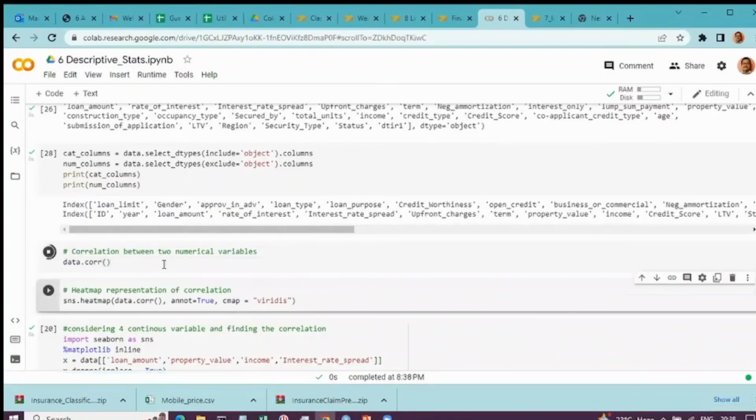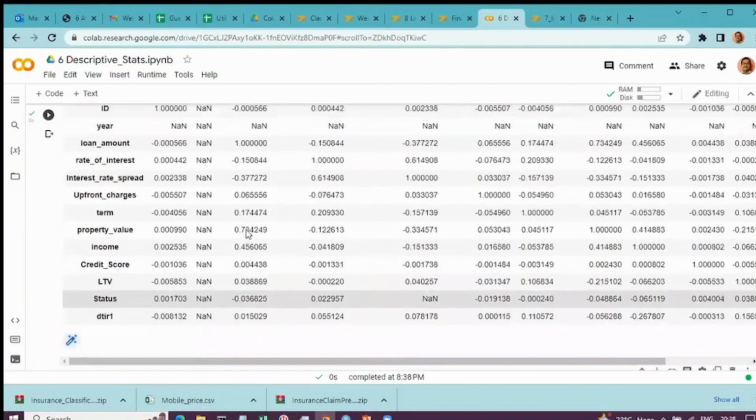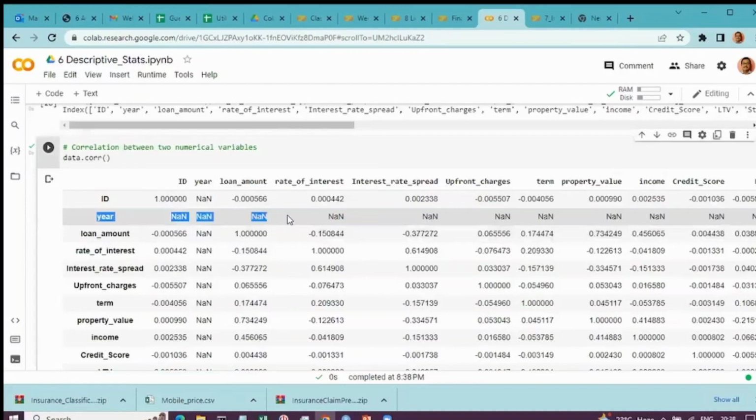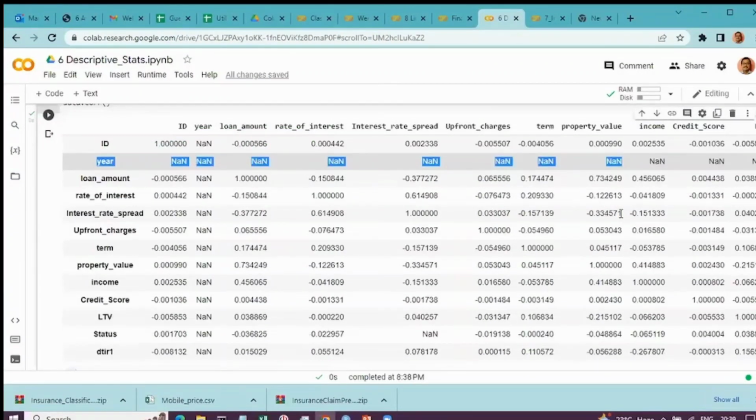So you might very well see here, this is the biggest problem. If for the year there is only one value altogether, and the variability is not there in the data, then what you will typically observe is the correlation with all the variables will be undefined. And that is also one more reason we would very well drop any such variable.